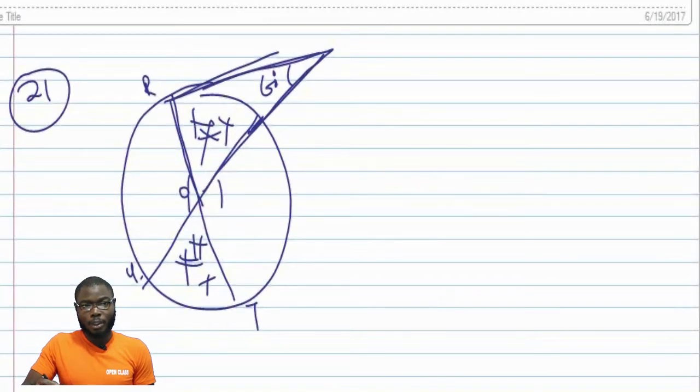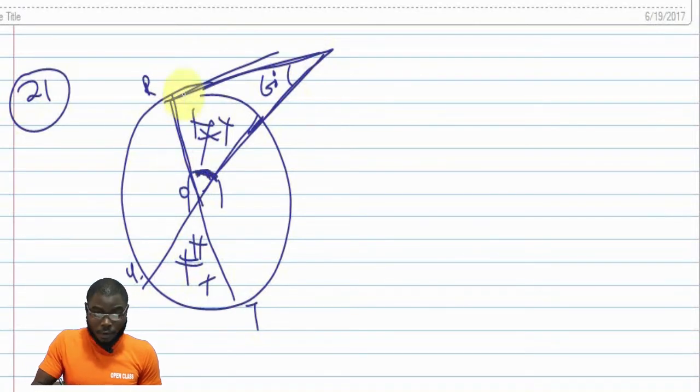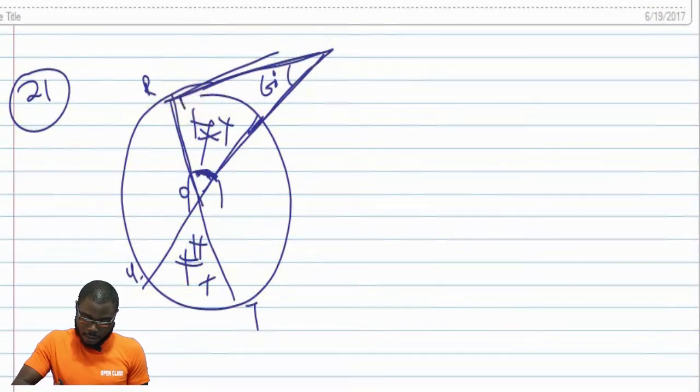So let's get that angle. This angle is 90 degrees, angle from a semicircle. Yeah, it is not well drawn. So this is 90 degrees. So this is 60 degrees. Then this gives us 30 degrees.